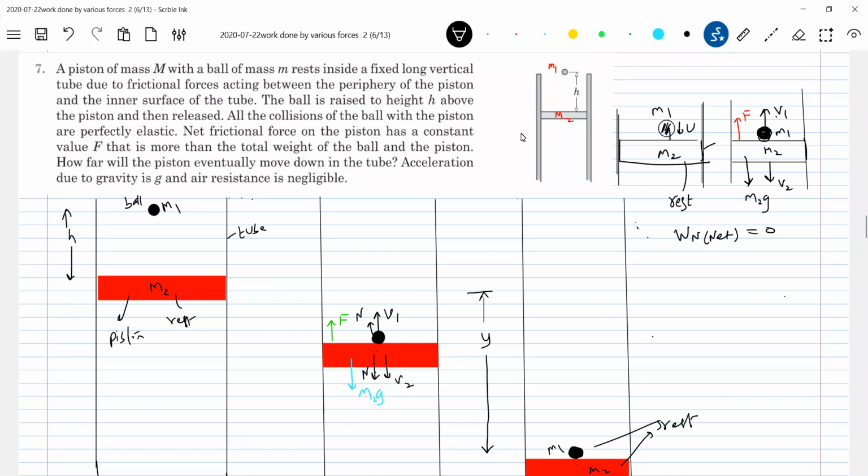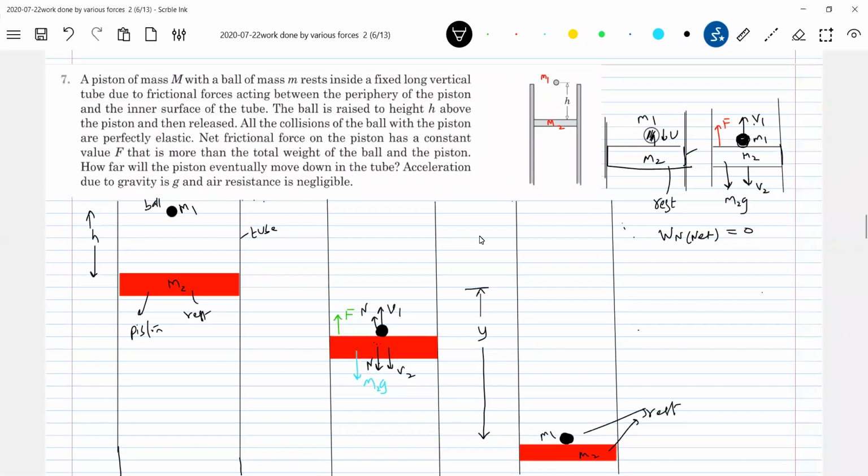Look at the first and the last diagram. What overall equation can you write? How much has the ball m1 finally descended? h plus y.